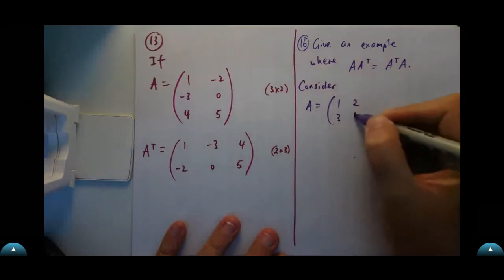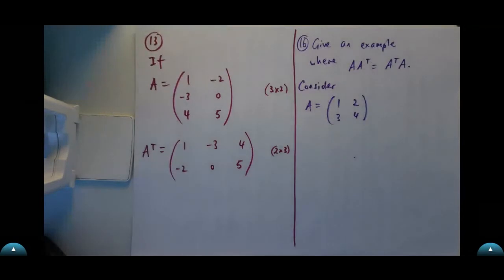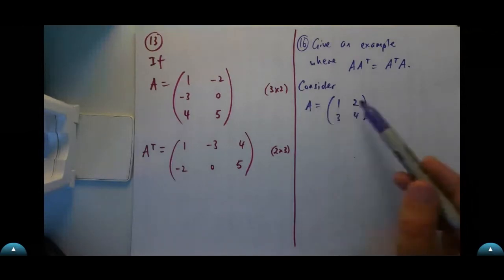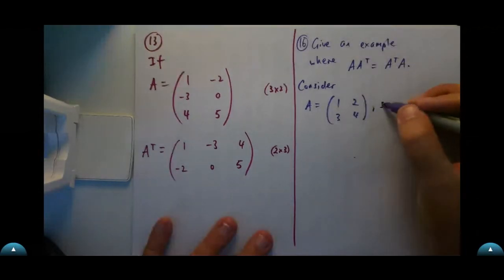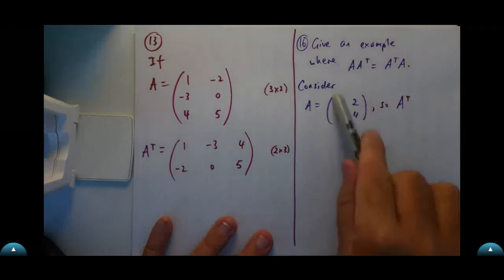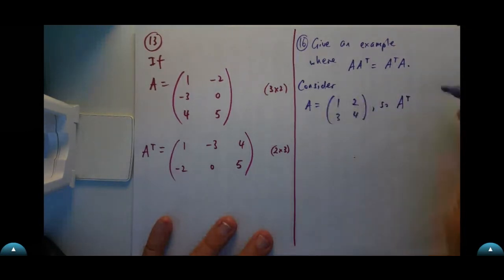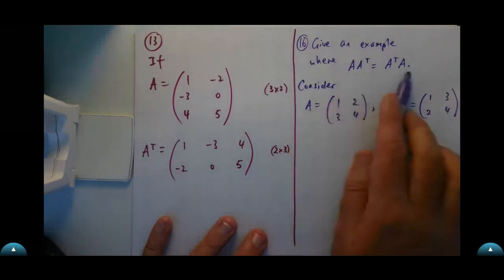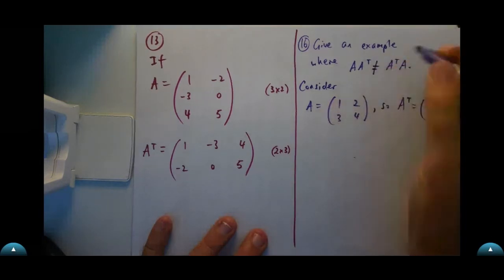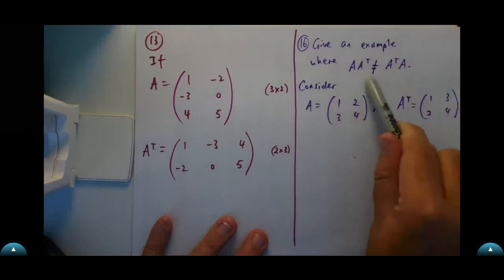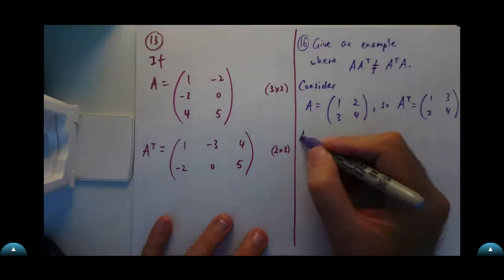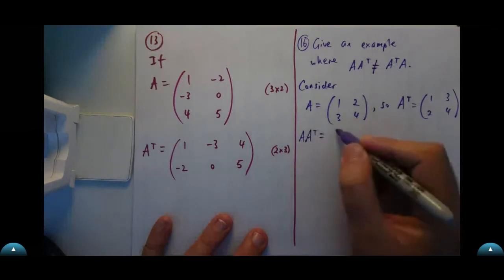One, two, three, four. So the example that I came up with was just a 2 by 2, so it's a square matrix. If A is this, what is the transpose? Well, that goes there, this goes there. Let's work out the, oh sorry, this is not equal to. So A times A transpose.